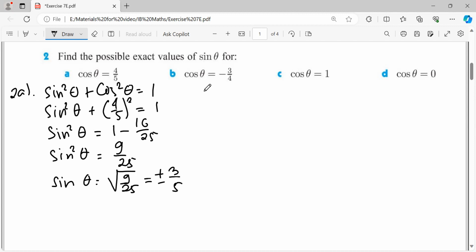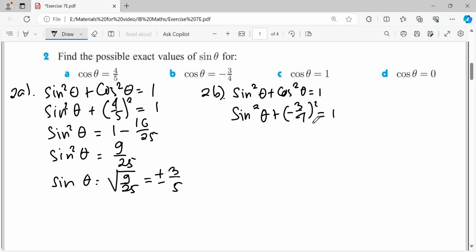Okay, 2b, again, sine squared theta plus cosine squared theta equals 1. And after that, substitute minus 3/4 squared. Sine squared theta equals 1 minus 9 over 16.